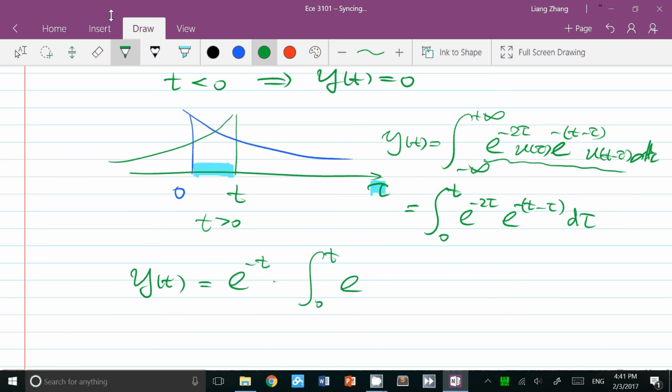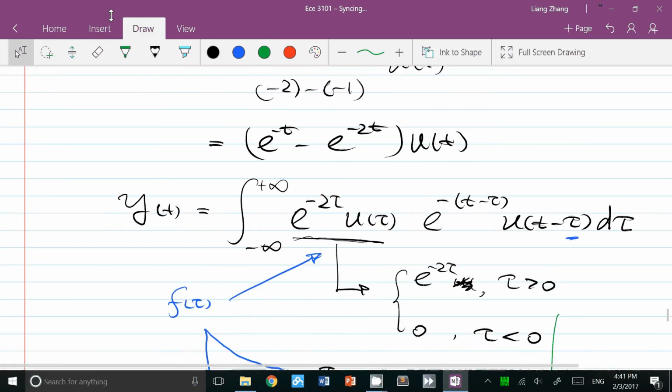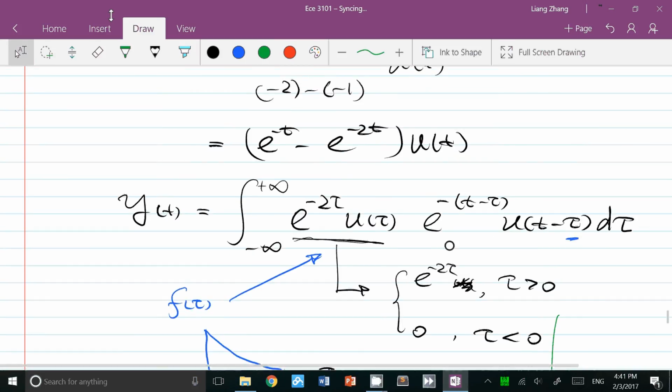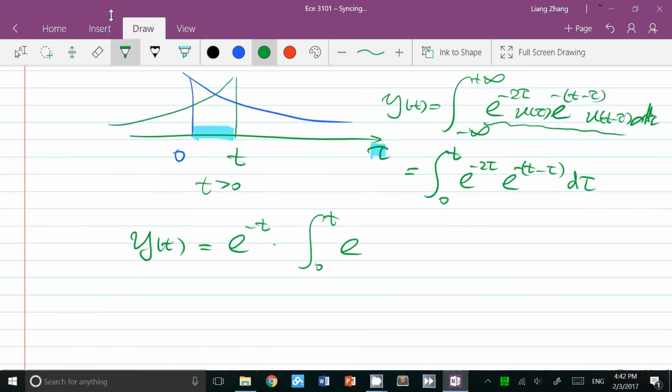Okay. You have e to the negative 2 tau, you have e positive tau, so we'll take advantage of both. Just e to the negative 2. Okay. And this will give us what?